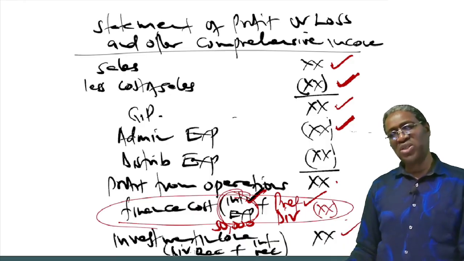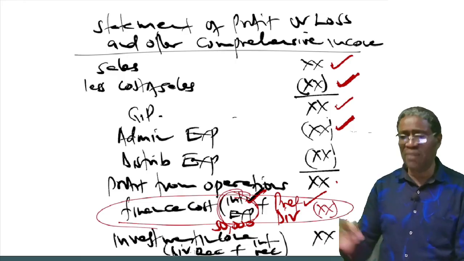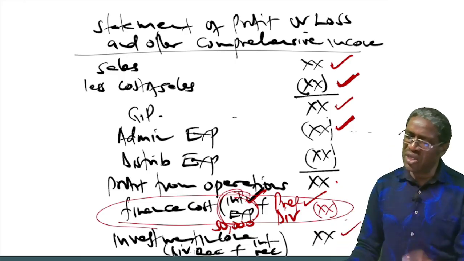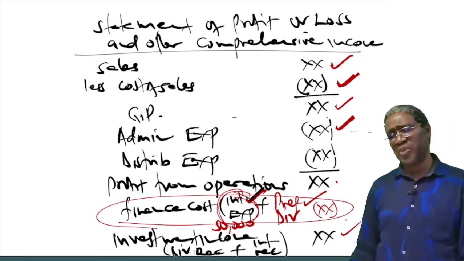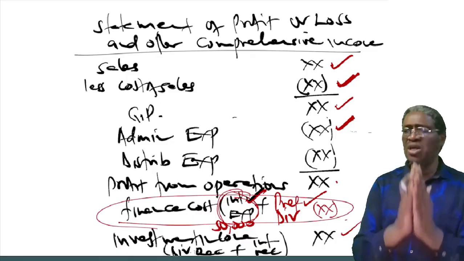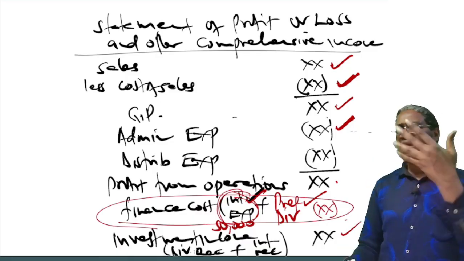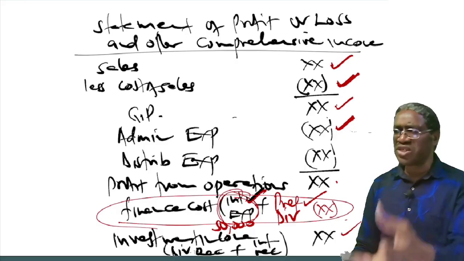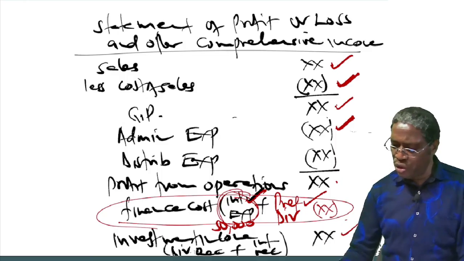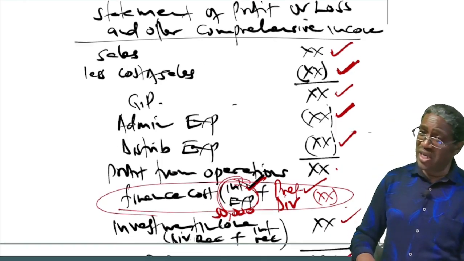So we said combine all the expenses that are of administration in nature, bring them as a single amount. Do the same for the selling and distribution expenses. All the expenses which you as a company have incurred, which are of selling and distribution in nature. We gave examples like advertising, salesman salary, depreciation of delivery van, and so on. Combine all of them somewhere, bring them as a single amount in the income statement.